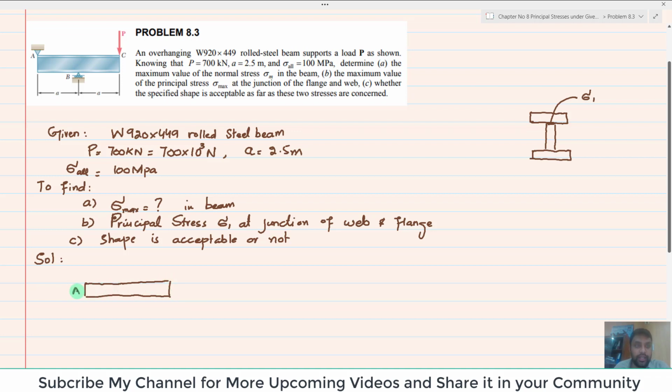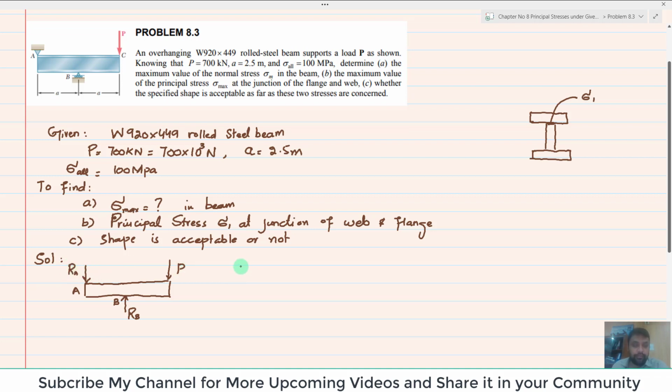This is point A. At point B there will be a force acting upward. This will be RB. At point C, P will be acting downward. And RA will also be acting downward.